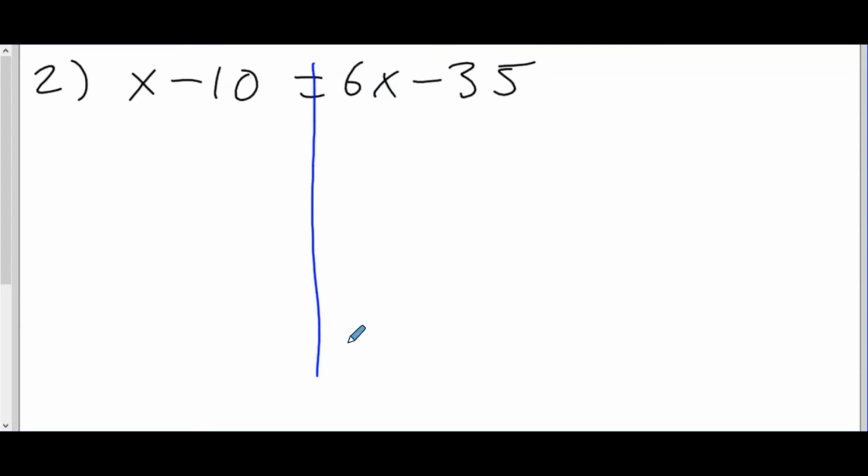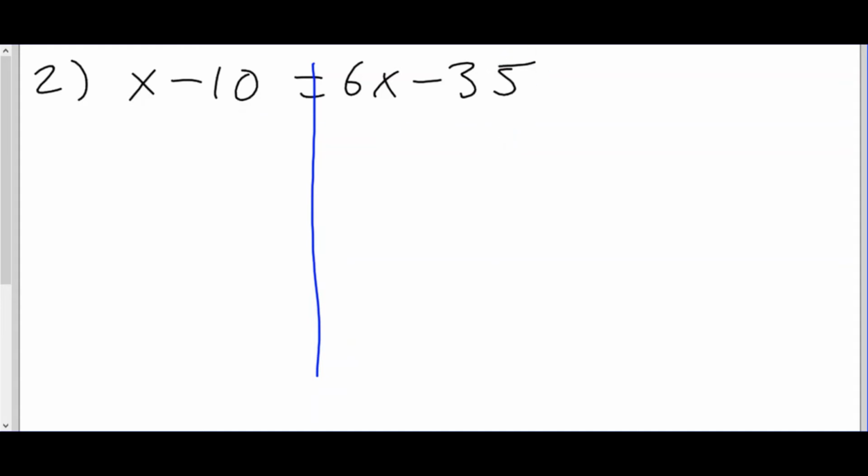Number 2. x minus 10 equals 6x minus 35. All right, put a line down the equal sign. Distribute, skip that. Combine any like terms. No like terms here, no like terms here. Moving on, I want to get my x's together.